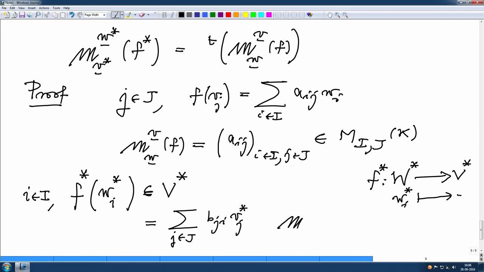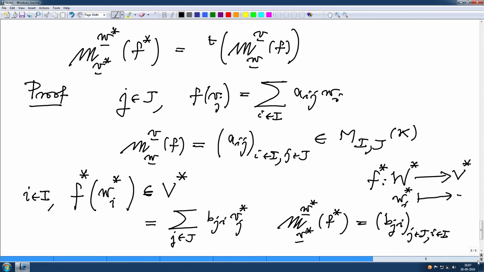The matrix of F star with respect to this basis is nothing but bji, j in J, i in I, and we need to verify now that bji is aij.